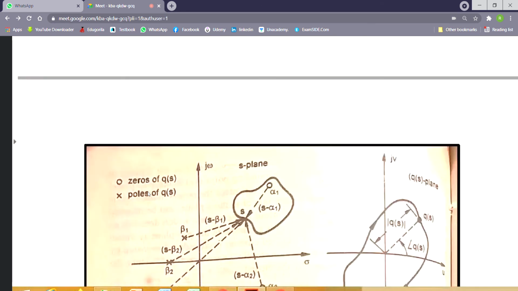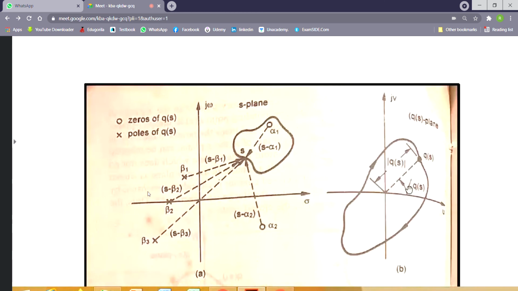So, on the QS plane, you see this is one QS phasor. This is one QS phasor. Follow this cursor. This is one QS phasor. Yes or no?